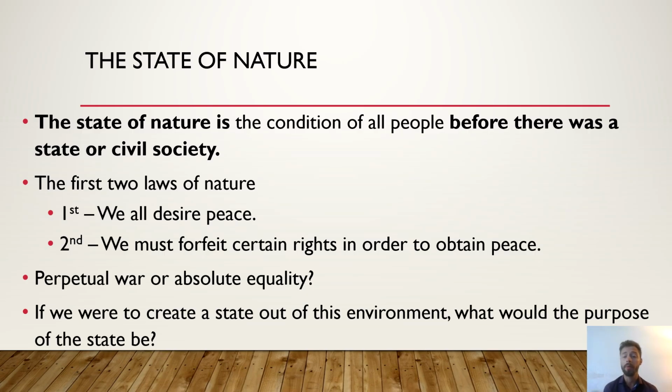First law, we will all desire peace, at least individually for ourselves. And the second law, we must forfeit certain rights in order to obtain peace. We will revisit these two laws of nature in a second when we explore the social contract. And these two laws of nature are what results in us gradually leaving this system in which there is no government or structure around us to creating a state.